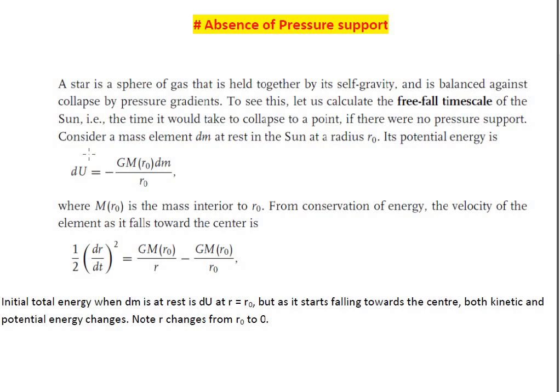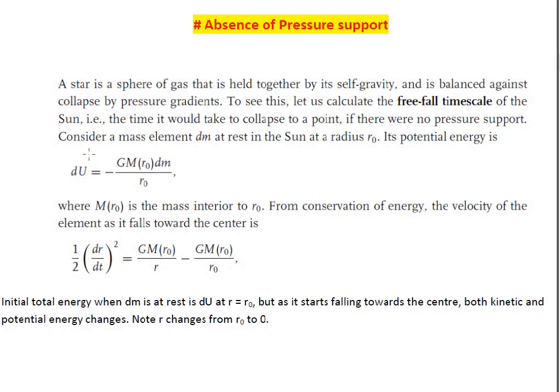No one. And the gravity will just crush the entirety of the mass of the sun to a single point. Okay, so this is what we are going to talk about, and we are going to estimate the time taken for such an event. Time taken for the entire sun to be collapsed to a single point.